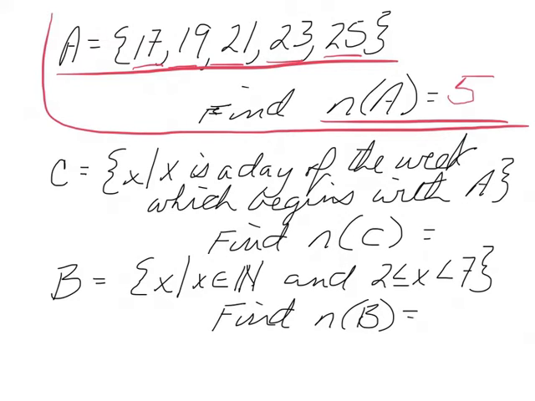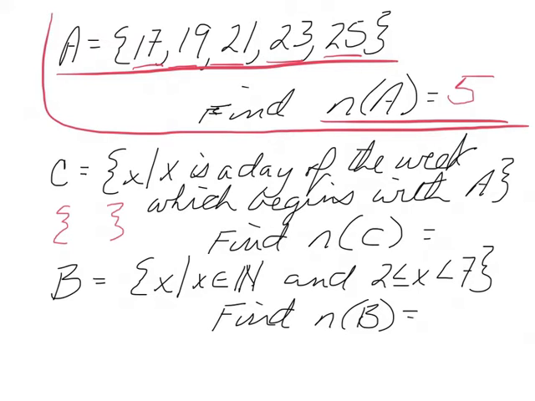Okay, now this one's a little more challenging because it's in set builder notation. What that means is we might want to make a roster of which elements satisfy that. So the set of all x, so I'm going to get my roster ready. Set of all x such that x is a day of the week which begins with an A. So let me think. Sunday, Monday, Tuesday, Wednesday, Thursday, Friday, Saturday.